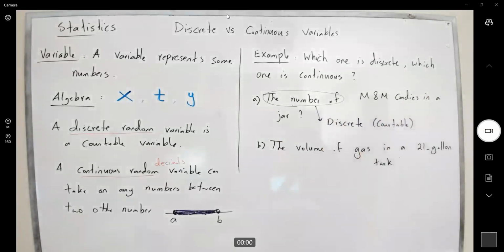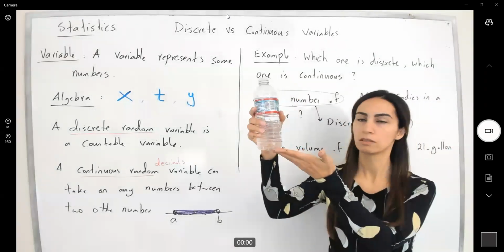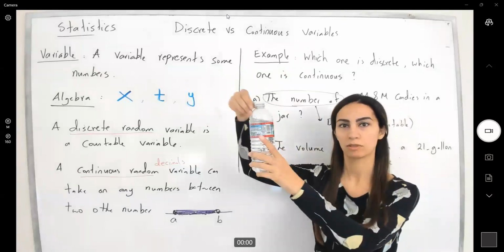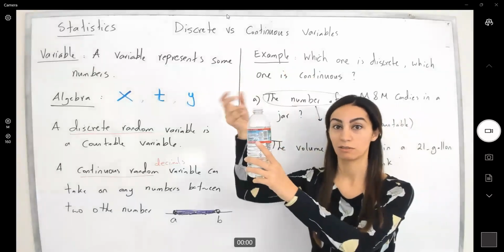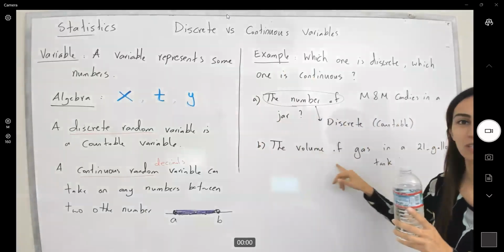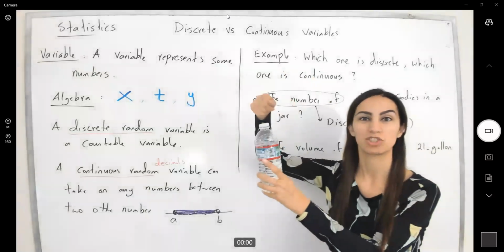Suppose I have, for example, a bottle of water here. How do you count it? Can I count each drop? How many drops are here? So it's going to be a continuous random variable. It's the volume. You cannot count each drop.